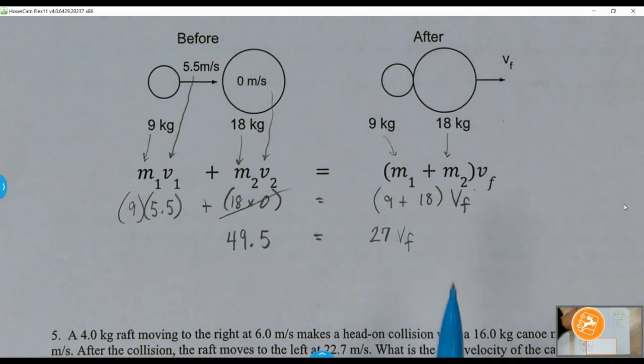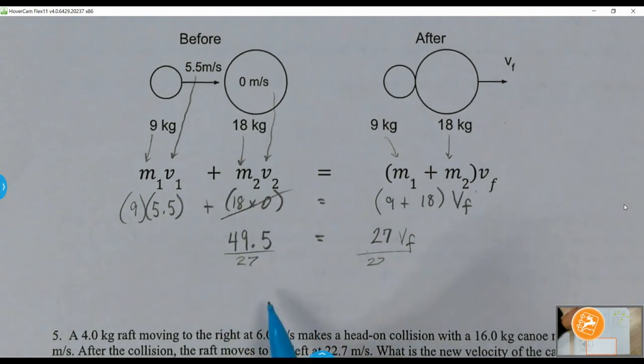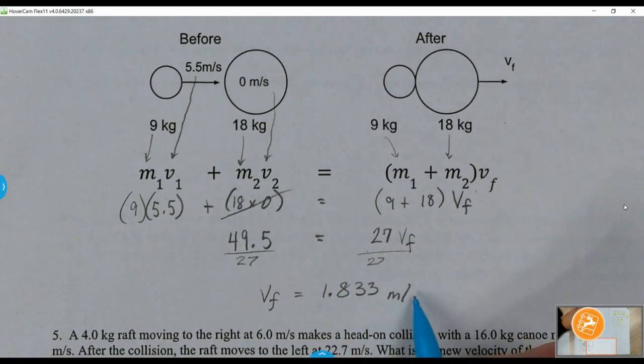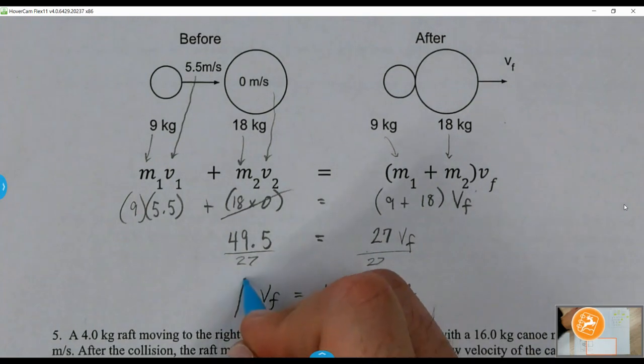Very simple, guys. If you want VF by itself, what do I need to do? Good. Divide both sides by 27. And VF will be equal to 1.83 repeating. We can leave it like this, or 1.83, and give me the unit meters per second.